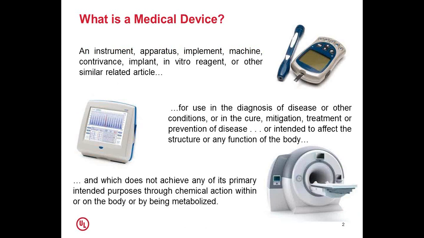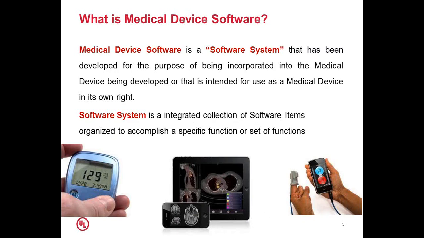That is, for use in diagnosis of a disease or other condition, or in cure, mitigation, treatment, and prevention of the diseases. So when this situation comes into picture, a software becomes a medical device. A software system is an integrated collection of software items organized to accomplish a specific function or a set of functions.